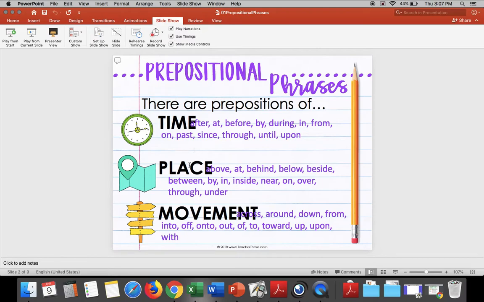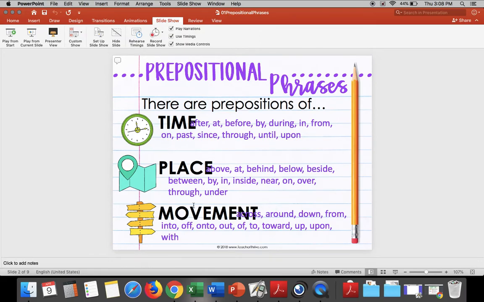It can also tell us a place: above, at, behind, below, beside, between, by, in, inside, near, on, over, through, and under. And then it can lastly tell us movement.